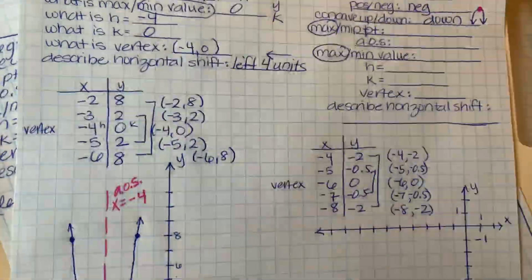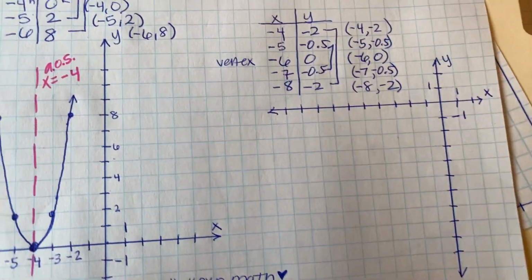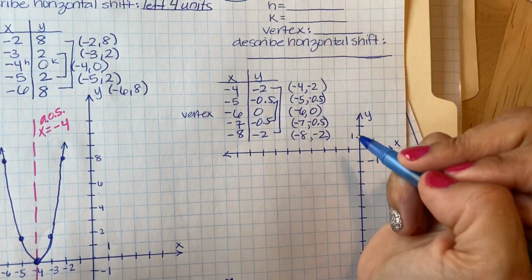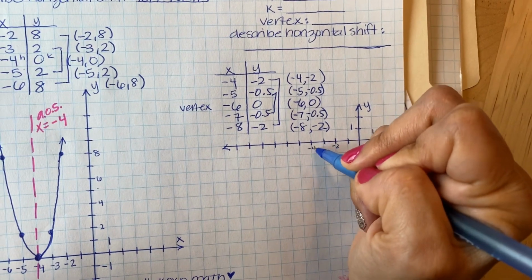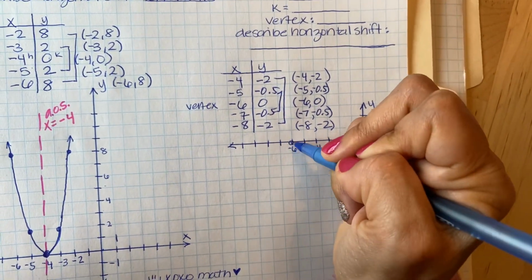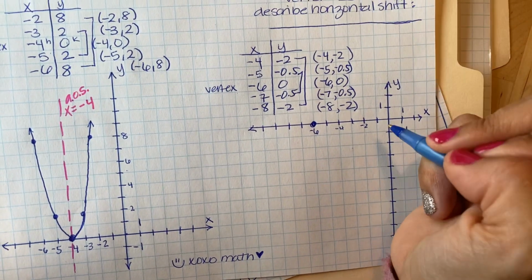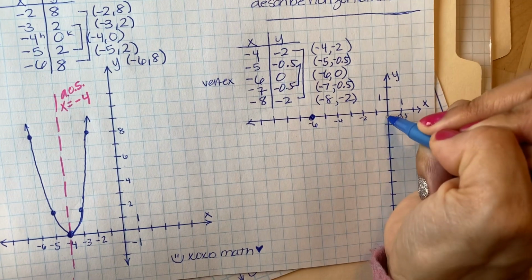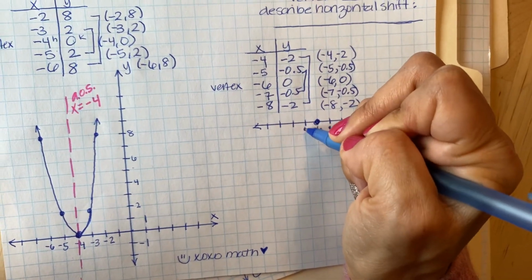Okay, so now we're going to plot those points. Where am I going? I am going to -1, -2, -3, -4. Okay, -6, 0, that's my vertex. So -0.5 would be right here, at the halfway mark.